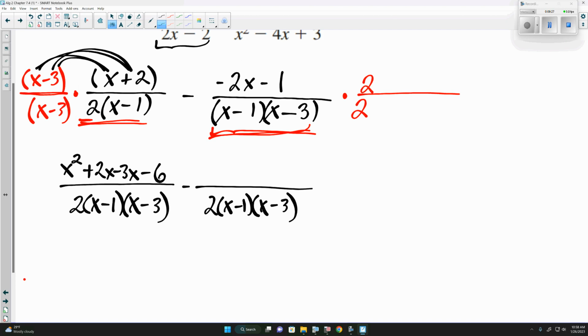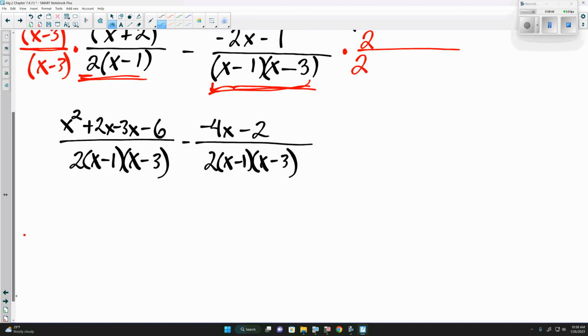Now the other side's a little bit nicer because we're just multiplying 2x and negative 1 by 2, which will give us negative 4x minus 2. Any questions on this here?